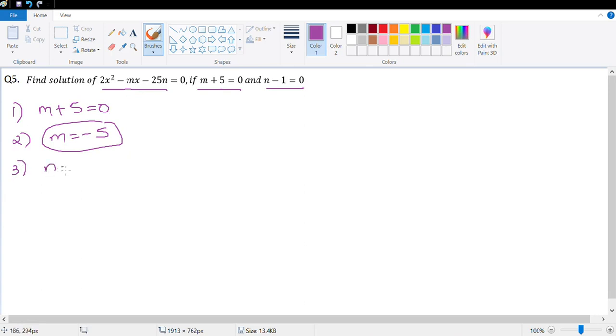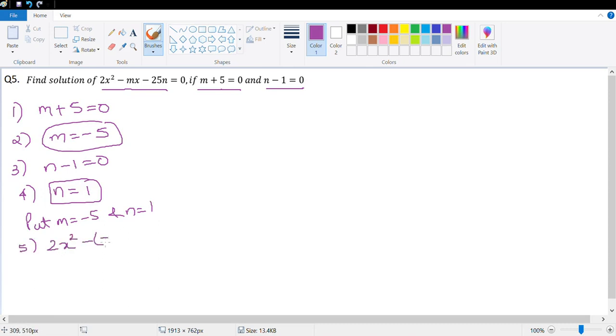Next, n minus 1 is equal to 0, which means n is equal to 1. So put m is equal to negative 5 and n is equal to 1 in the given quadratic, and we get 2x squared minus negative 5x minus 25 times 1 is equal to 0. This gives us 2x squared plus 5x minus 25 is equal to 0.